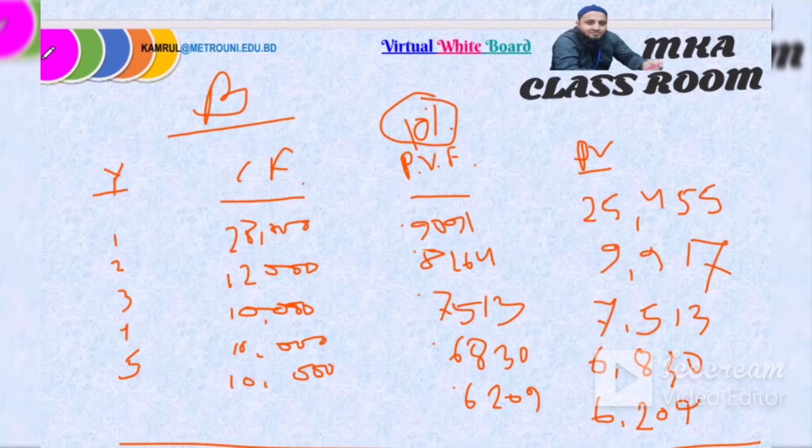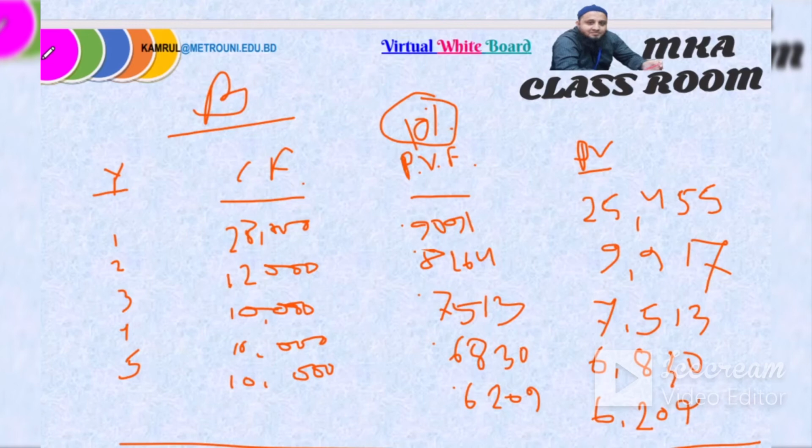At first we have to calculate the total present value by using the tabular method. At 10% we get this value, 0.9091, that is the table value.